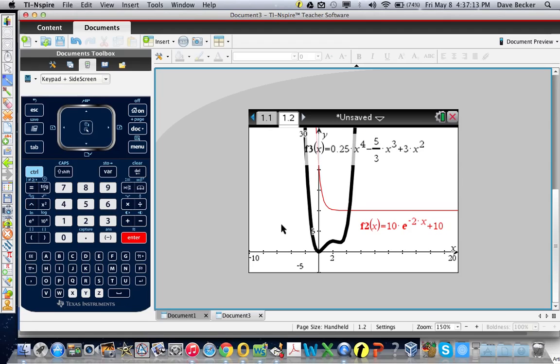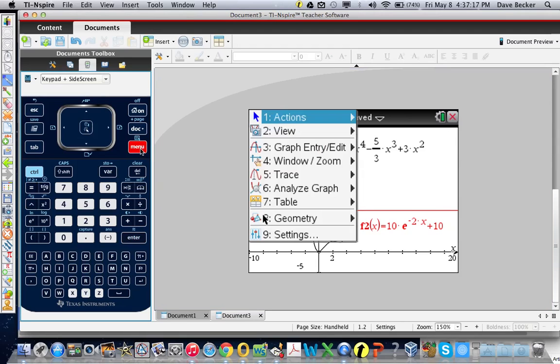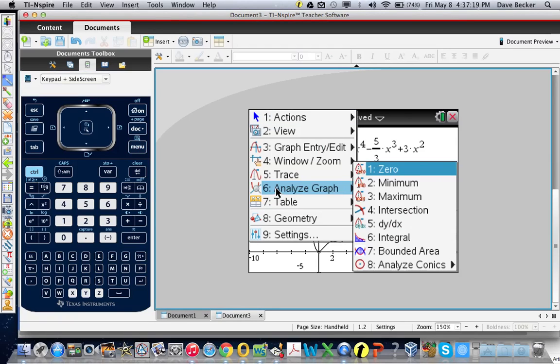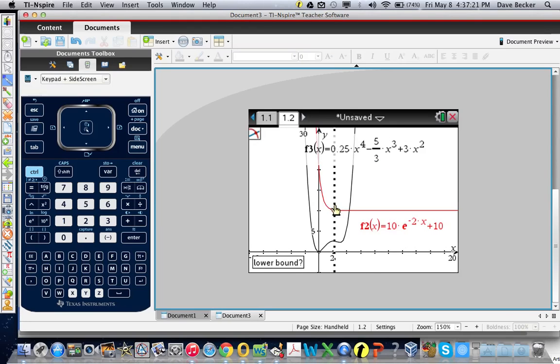Isn't that beautiful? Then we'll find the intersection: menu, analyze graph, intersection. And there we have it, 4.41.